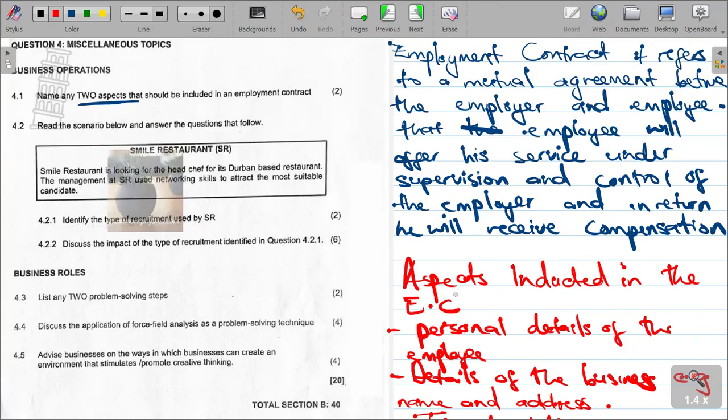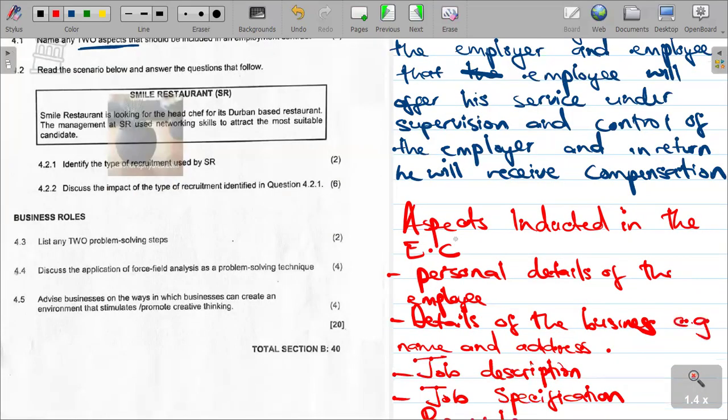Identify the type of recruitment used by SR. This is what you call an external recruitment. Because he's using networking skills to attract the most suitable candidate.